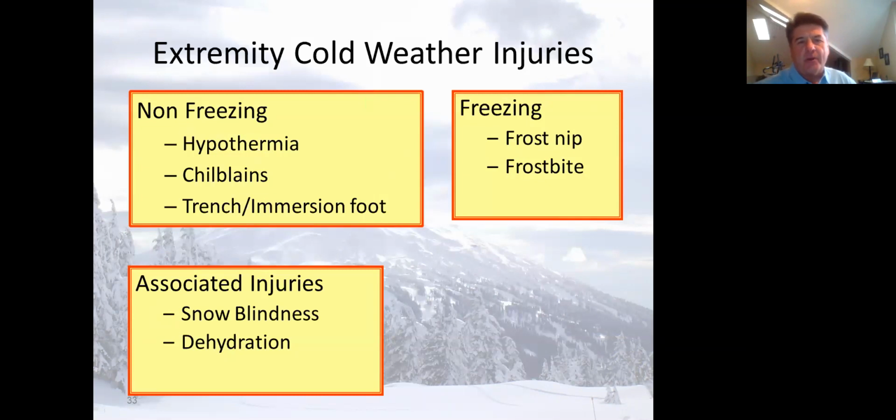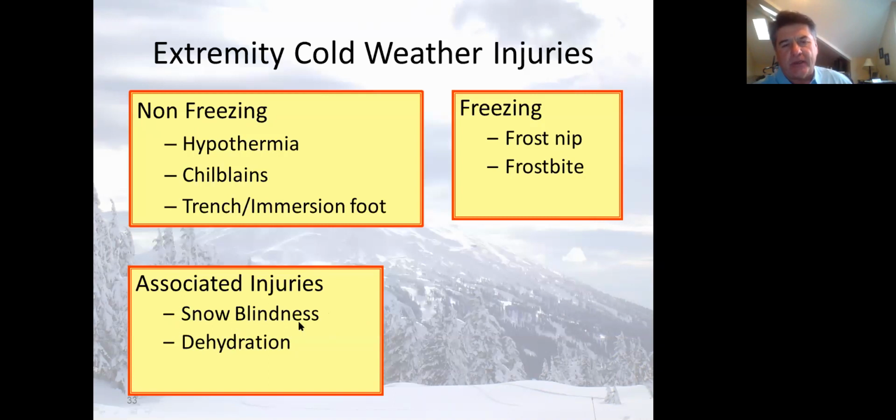There are, first off, 3 different types of injuries: non-freezing, freezing, and associated injuries, snow blindness and dehydration. We're not going to spend much time on these other than the fact that snow blindness can happen. We just went through the eclipse. The same type of blindness that people get from staring at the sun can happen.